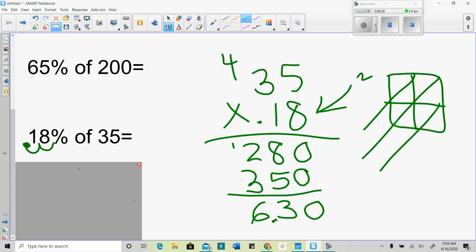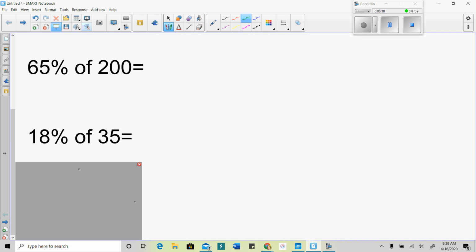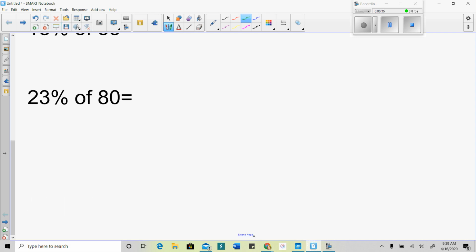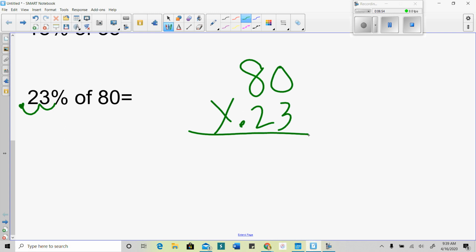$6.30. And the last one we're going to practice together here, okay, we're going to get 23% of 80. So once again, step 1, make the percent into a decimal. So I'm going to take the decimal and I'm going to move it back 2 times. Okay, so I'm going to do 80 times 0.23. 3 times 0 is 0. 3 times 8 is 24.